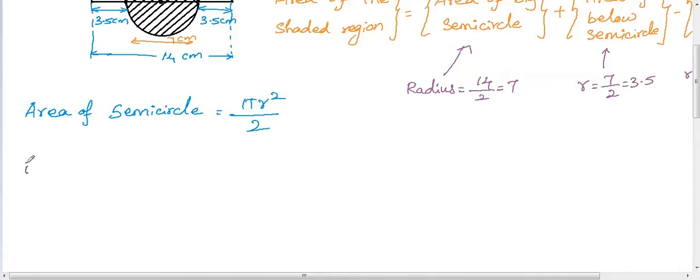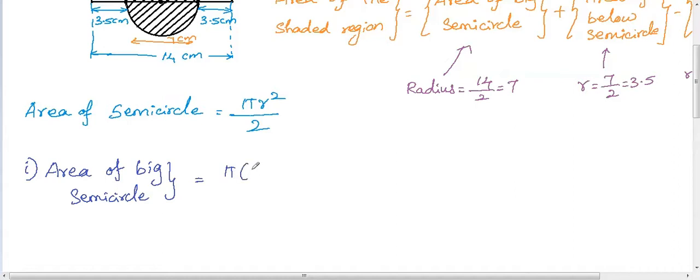So here, first, the area of the big semicircle. The area of the big semicircle whose radius is 7 centimeter is pi into 7 whole square divided by 2.